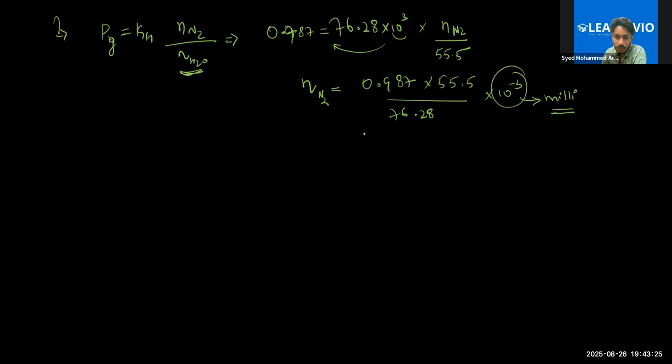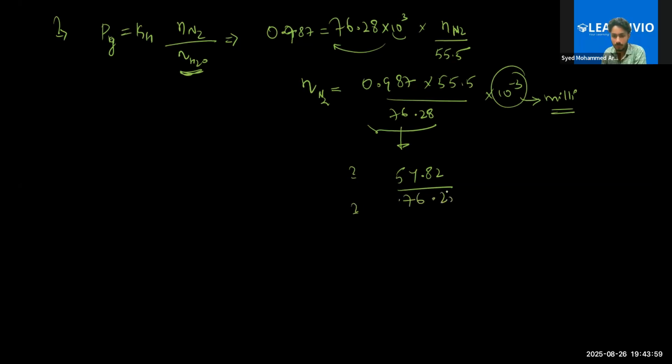So I just need to find this and quote the answer. 0.987 multiplied by 55.5, we will get 54.82.